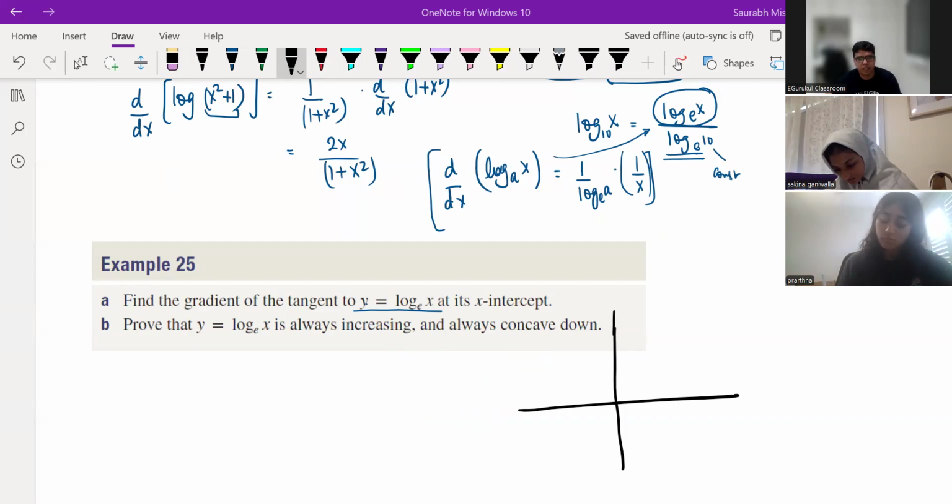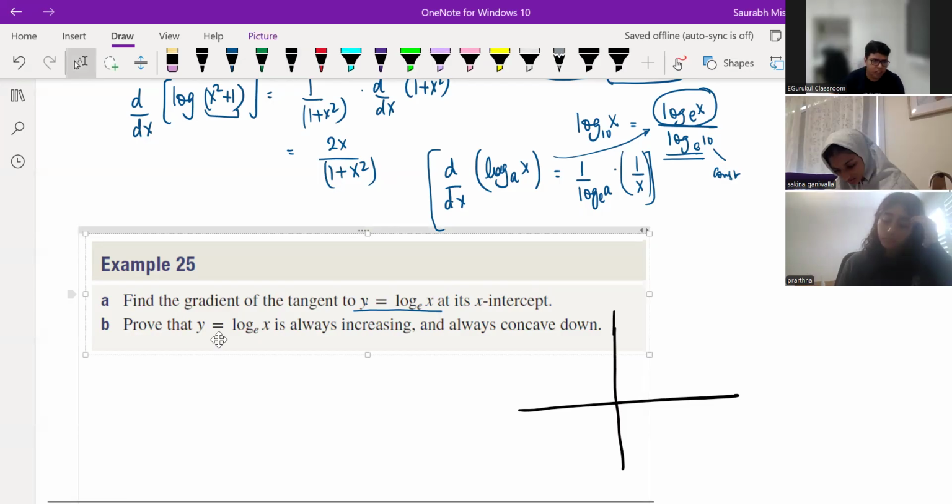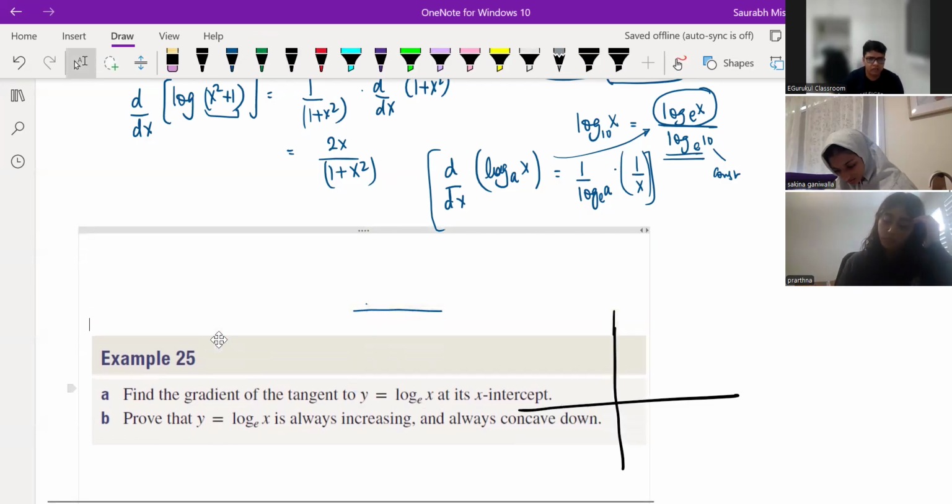Let me bring that graph. And that will clarify some of your doubt. So before we do this question, let's look at the graph.